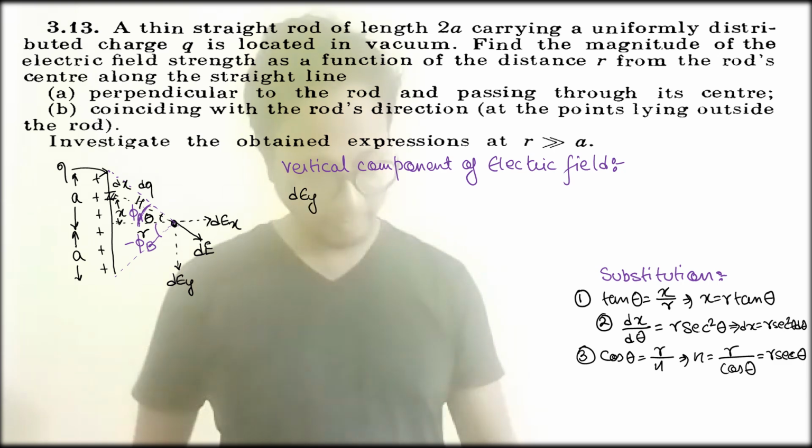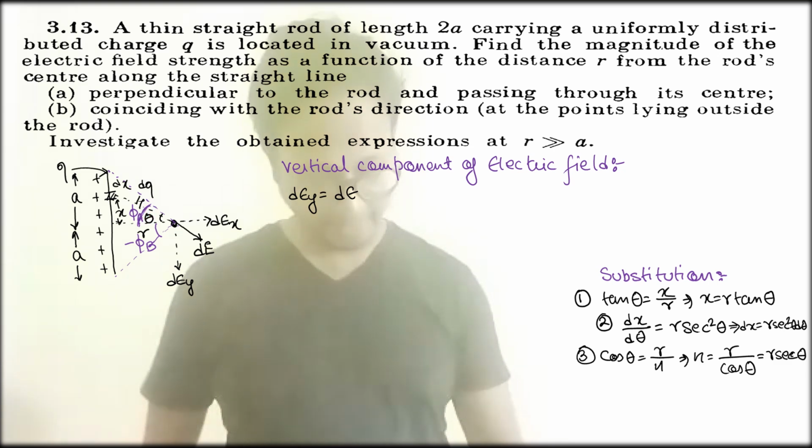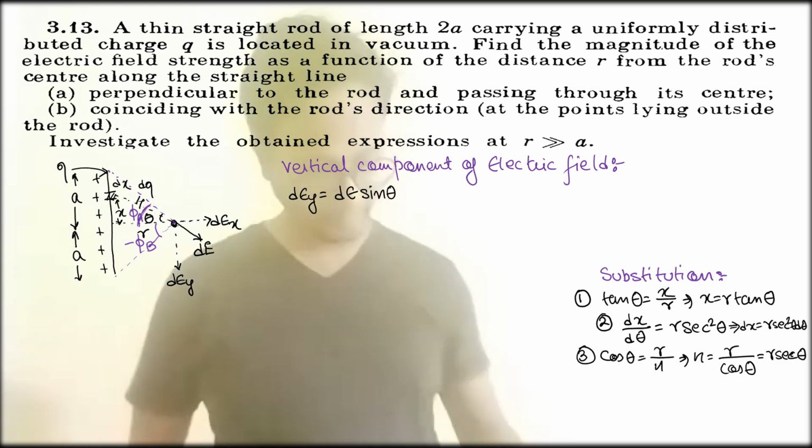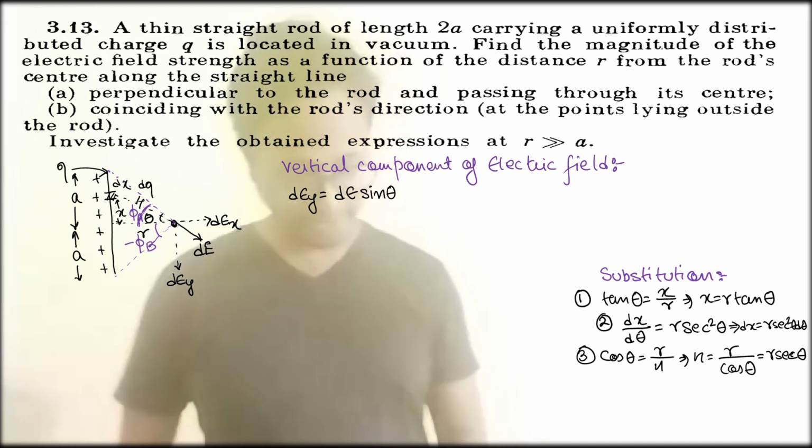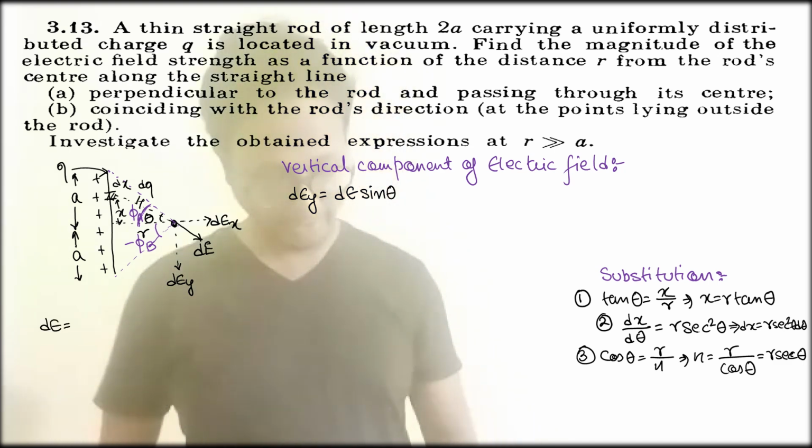dEy, or the vertical component of electric field, is nothing but dE into sine theta, isn't it? What is the value of dE? The value of dE is nothing but k lambda dx by hypotenuse square.